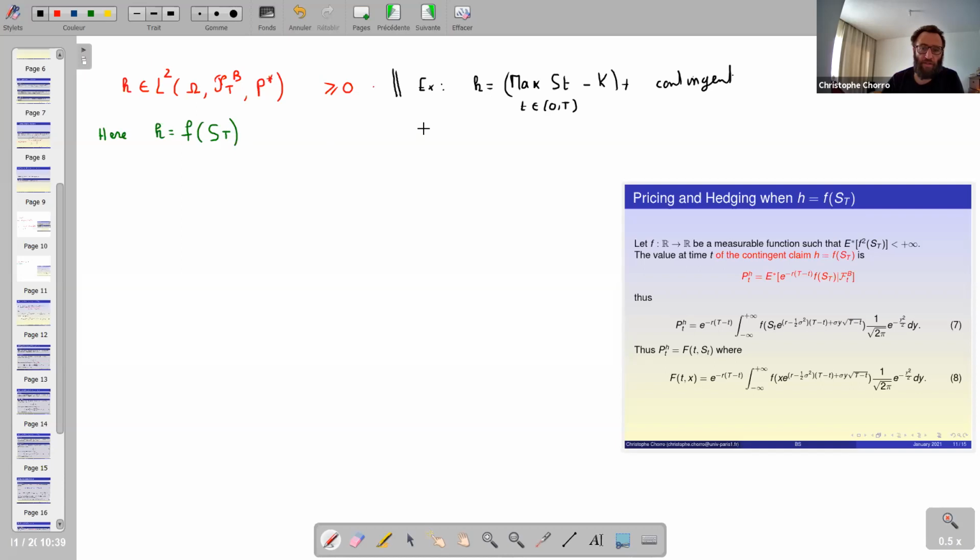It's not what I want in this part. I want to depend only on the final value.